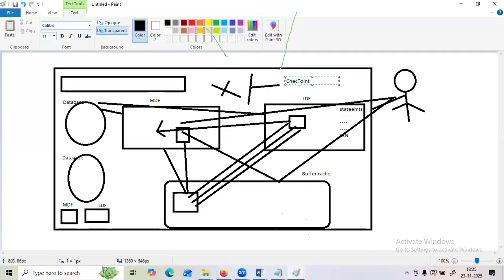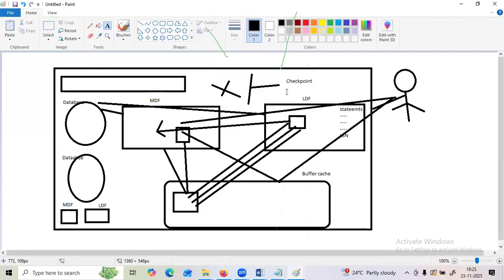The checkpoint is an internal mechanism or operation that will synchronize the data between the LDF and MDF. The checkpoint will occur whenever you run a commit, whenever you run the alter command, and whenever you perform a manual checkpoint.